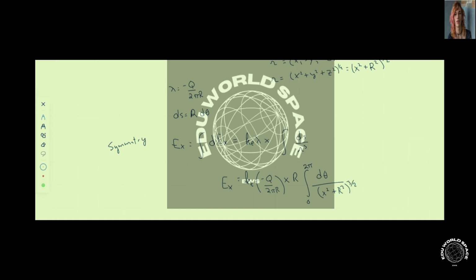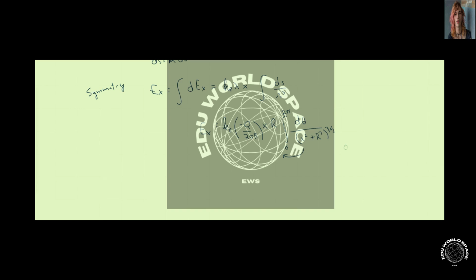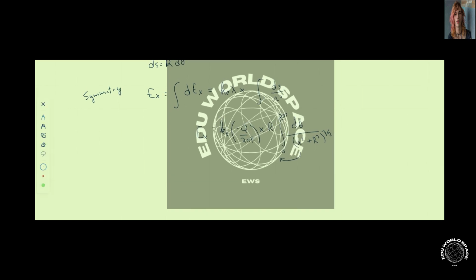Okay, so notice that that function inside the integral doesn't actually depend on theta, so we can pull that out. And yeah, it's kind of silly. Now we just integrate over theta from 0 to 2 pi. And we have a final Ex.